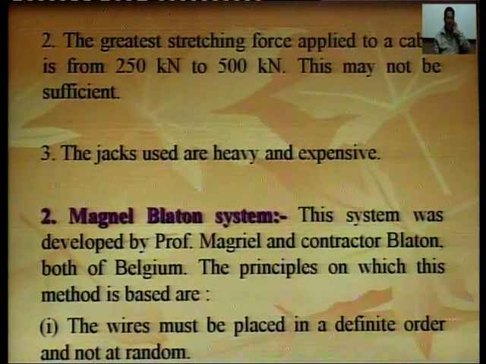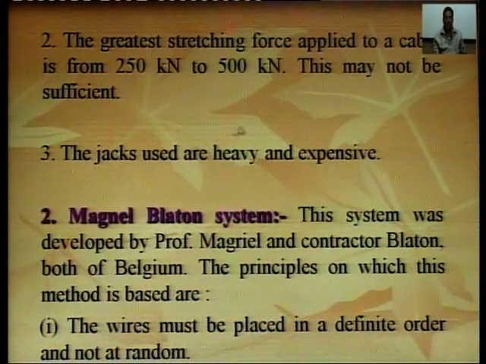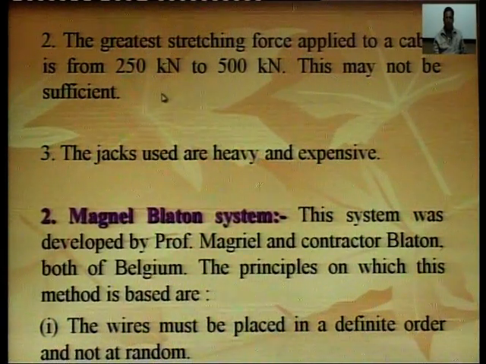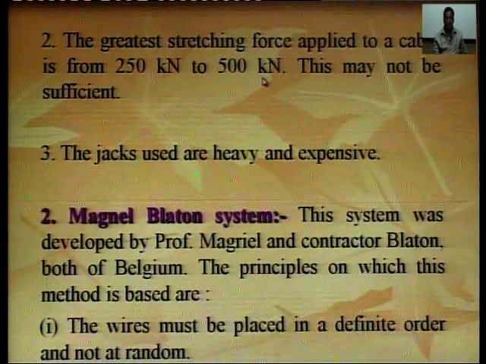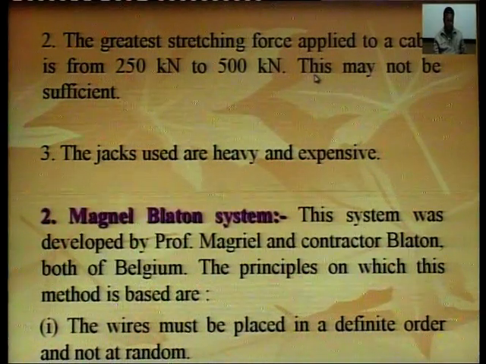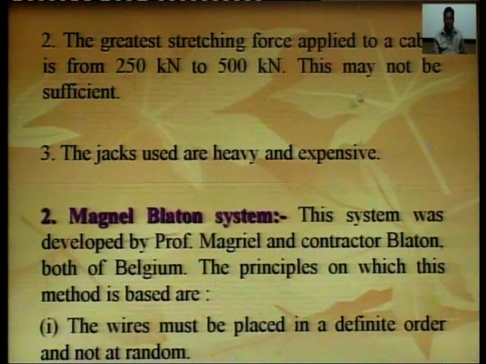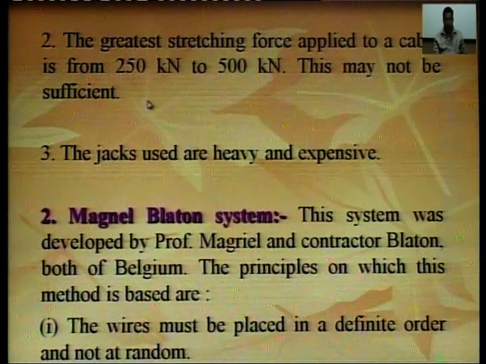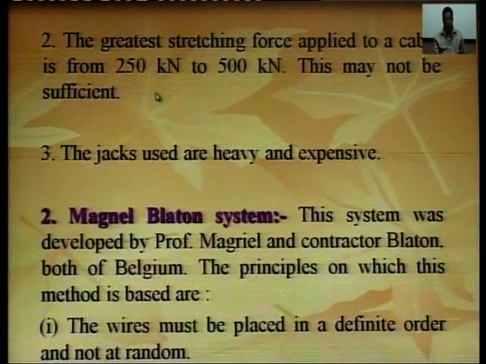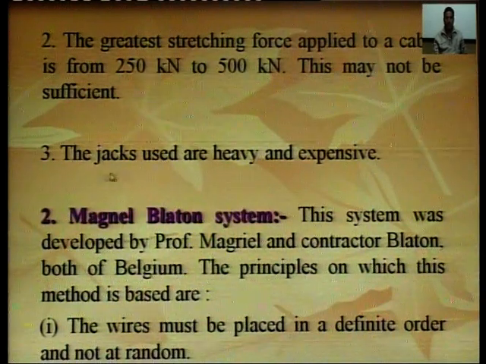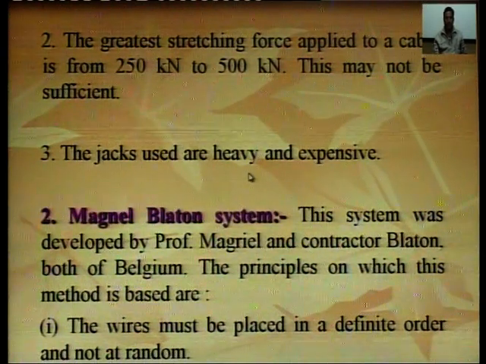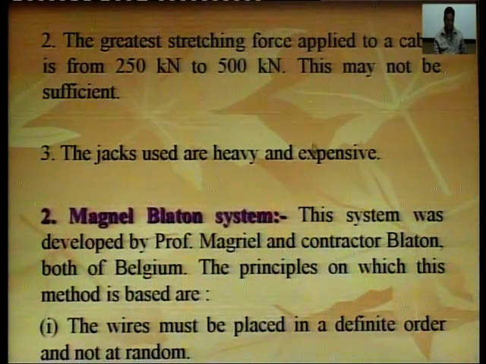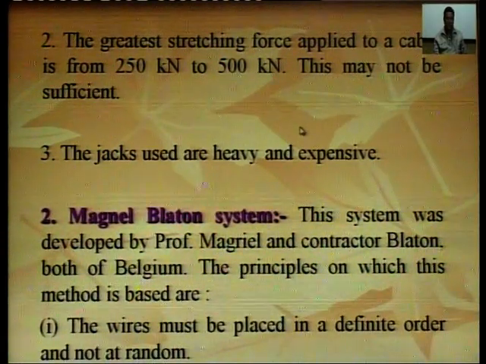Second disadvantage is that the greatest stretching force applied to the cable is from 250 kilonewton to 500 kilonewton. This may not be sufficient. So, we are unable to apply the full stretching force in the Freyssinet system. The jacks used are heavy and expensive. So, this is all about the Freyssinet system.